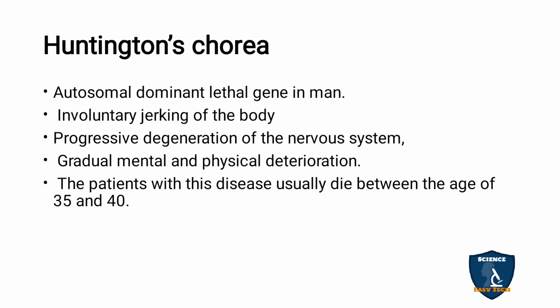Due to this, mental and physical deterioration of the person occurs slowly. Step by step the nervous system is affected, and since the nervous system is responsible for mental and physical work, the person is affected. The patient having this disease will die at the age of 35 to 40.